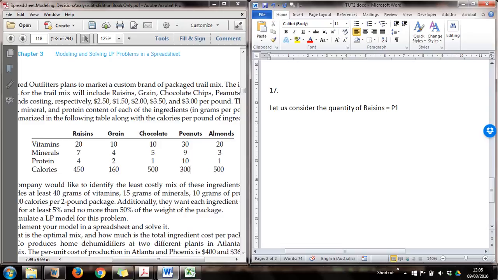For each product it's P1, and for grains equal to P2. For chocolate it's P3, and for peanuts it equals P4. For almonds it equals P5.